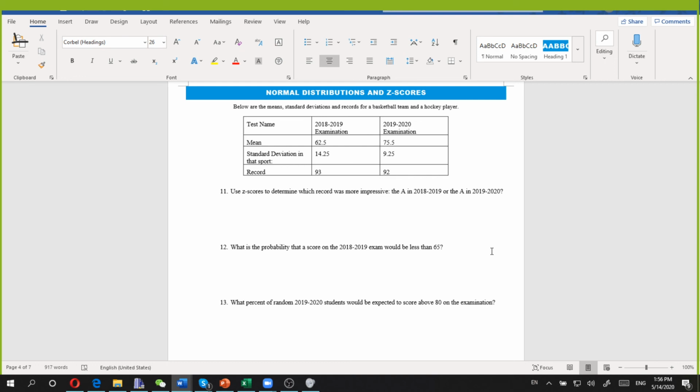Give me a guess. What do you think you're doing? It's possible, but you'd need your z-table for it.